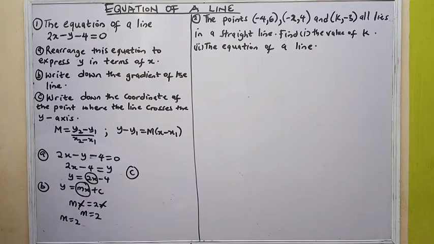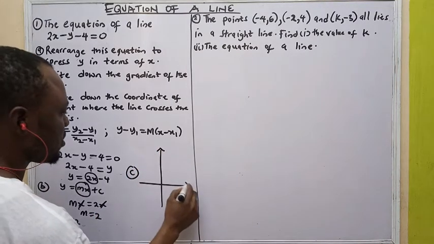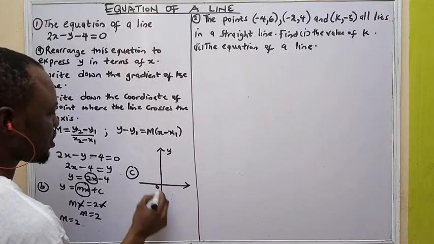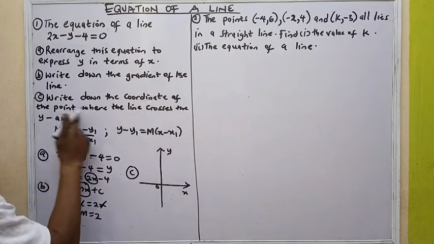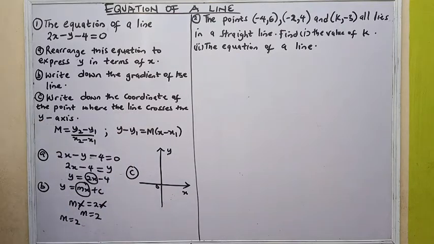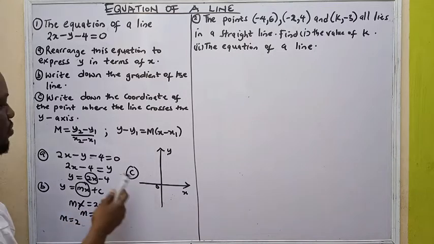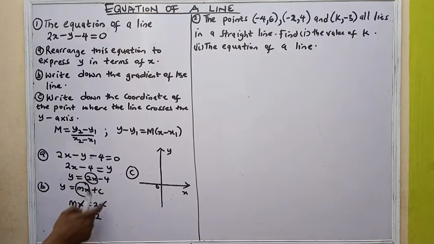Now if we want to get the c part of it, let me draw a graph so that you understand it better. This is the y-axis, this is the origin, this is x. Now the question says write down the coordinates of the point where the line crosses the y-axis. Now look at this, y in terms of x.